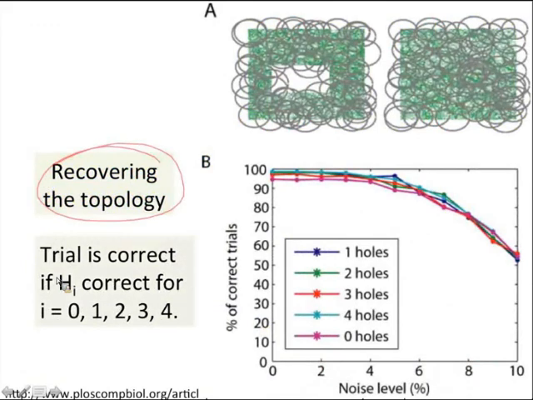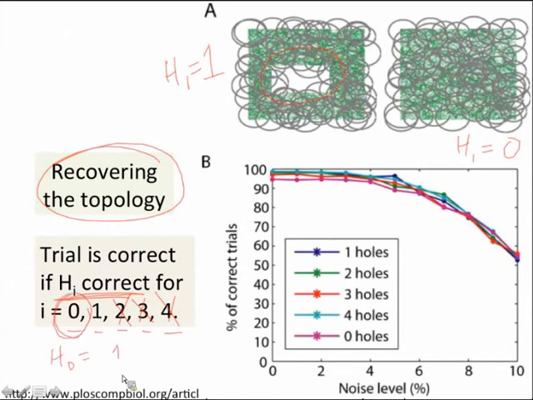The definition of correct is I want H_i to be correct for 0, 1, 2, 3, and 4. In this case, H1 equals 1 because we've got one hole. We have no homology for 2, 3, and 4, since it's supposed to be two-dimensional, and it's connected, so we've got H0, one component.